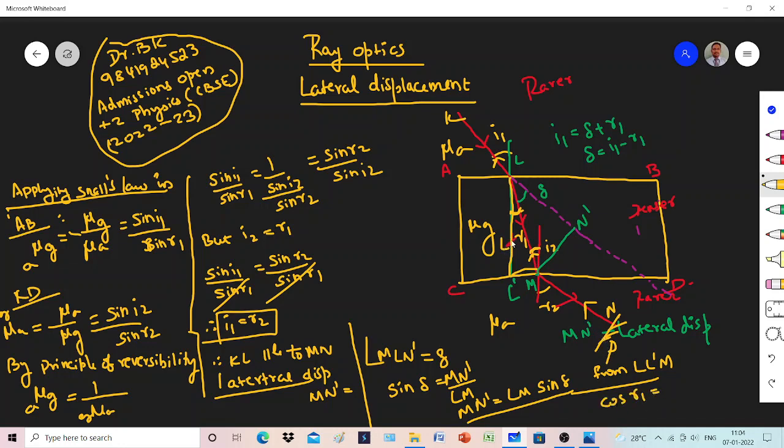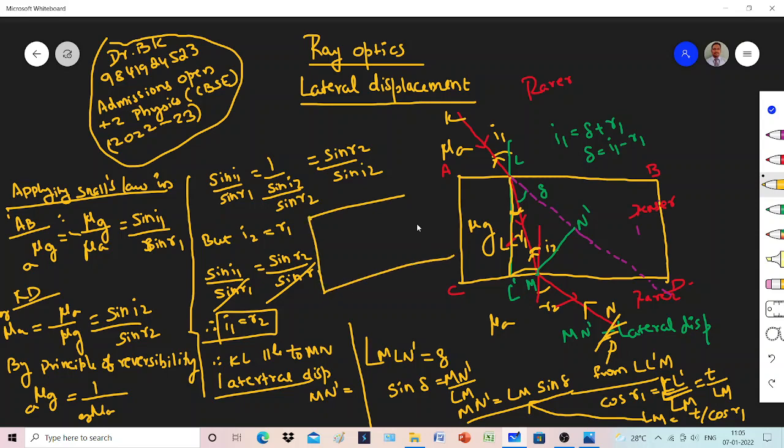This is L dash. Adjacent side is L dash divided by hypotenuse side is the longest side, that is LM. So L dash is equal to T by LM. From here you can find LM. LM is equal to T divided by cos R1. So this LM I can substitute here to find this MN dash.